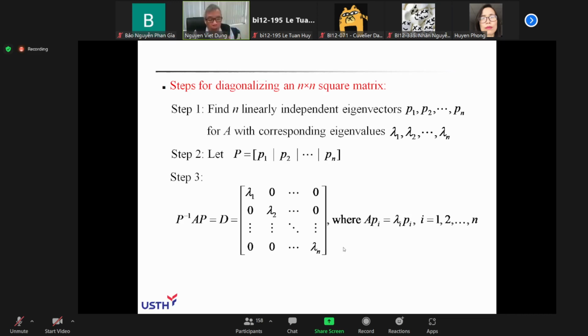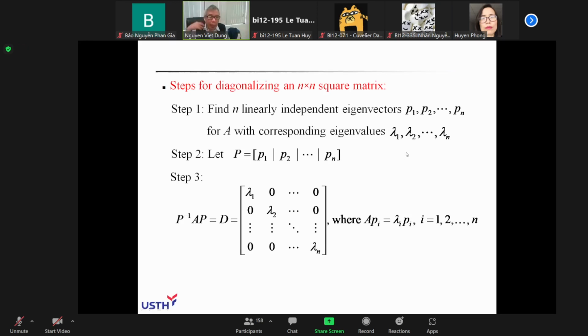You should remember that you don't need to find the P inverse. You don't have to find the inverse of the matrix P, because you know exactly that it must be the diagonal form, and the entries on the diagonal will be the eigenvalues you found already in the first step.